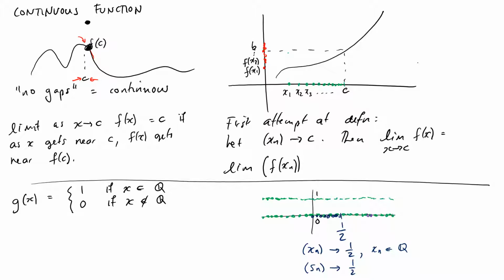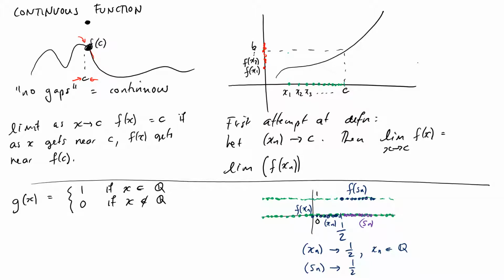So here we go. We still remember these are the x values. Here's my sn's. This one over here was my xn's. But the sequence f of sn is actually up here, whereas my sequence f of xn is down there.